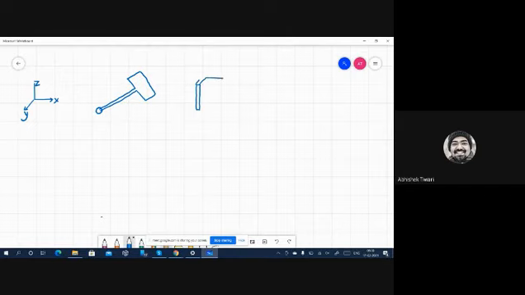So, although not exactly, but I'm trying to give you a view. So I hope you can imagine how the hammer looks like.